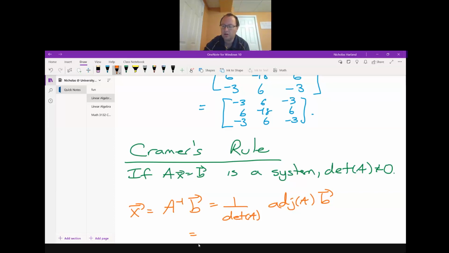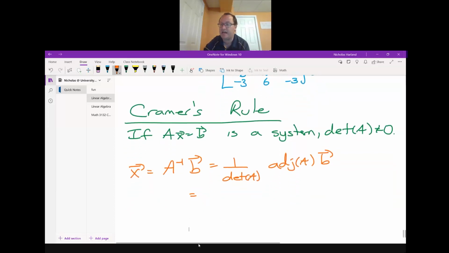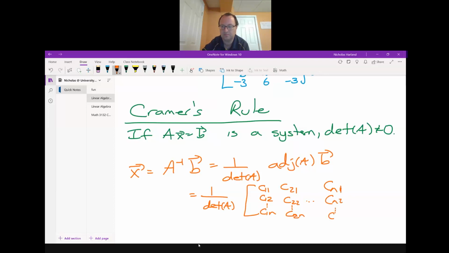Let's take a look at exactly how we found the adjoint: C11, C12, down to C1n, C21, C22, down to C2n, and so on, to Cnn. And we'll slap some B's here as well.